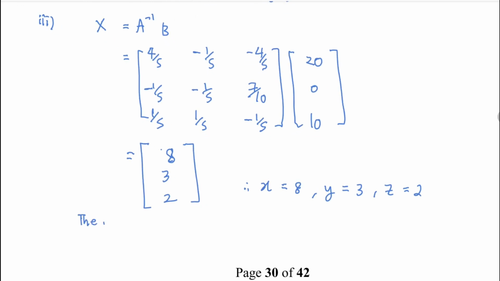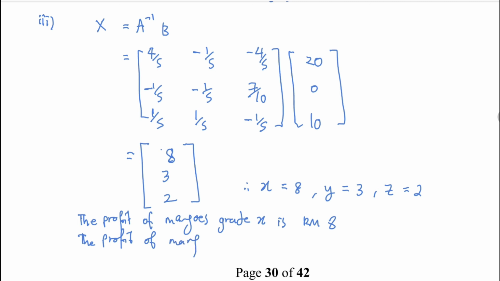Okay. Then for the conclusion, the profit of mangoes grade X is RM8. The profit of mangoes grade Y is RM3.